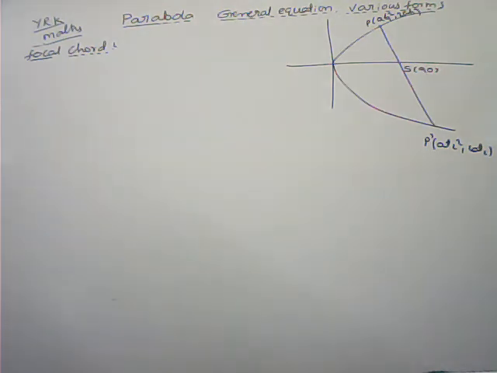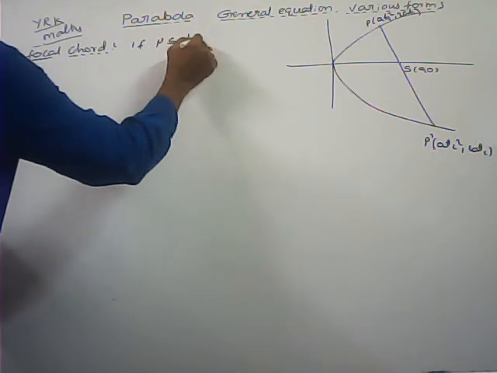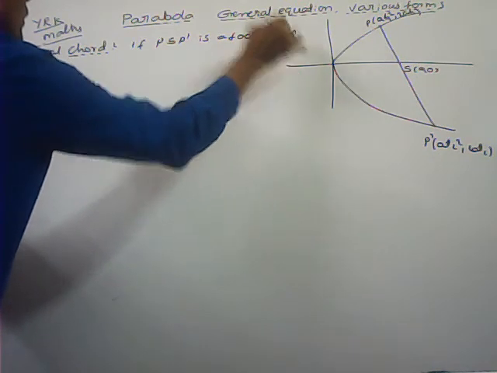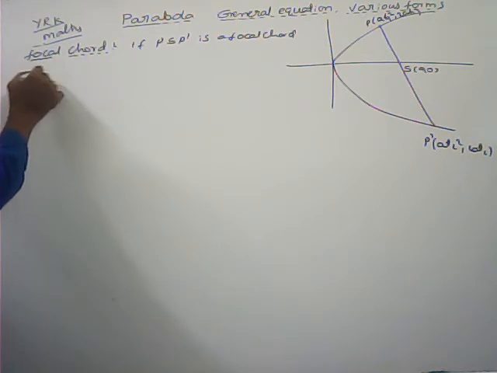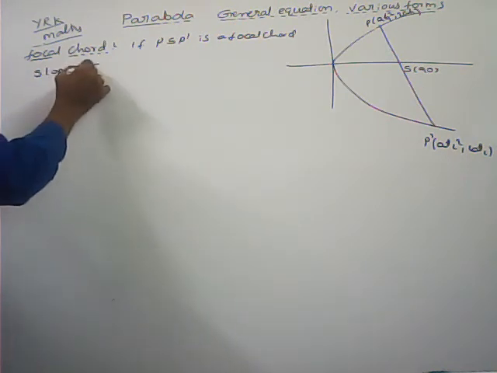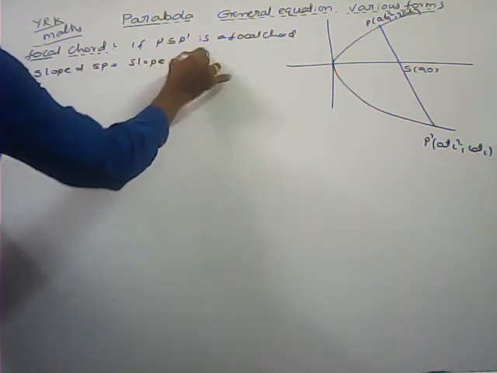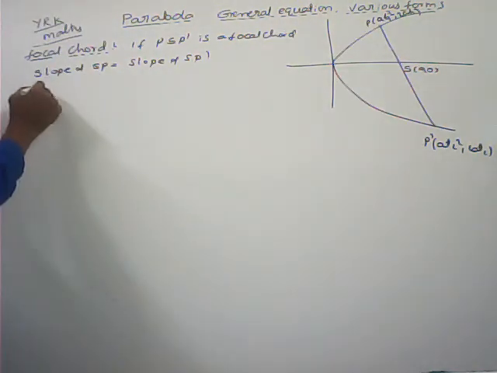Then we can get a relation between t1 and t2. If PSP' is a focal chord, the three points lie on the same line. So slope of SP is equal to slope of SP'. The slope is (y2 - y1)/(x2 - x1).